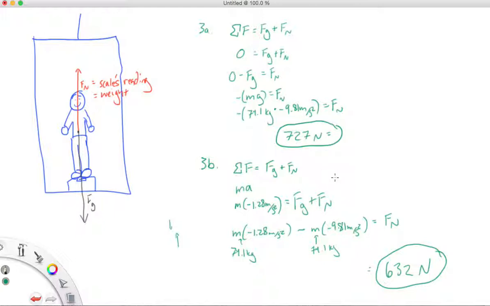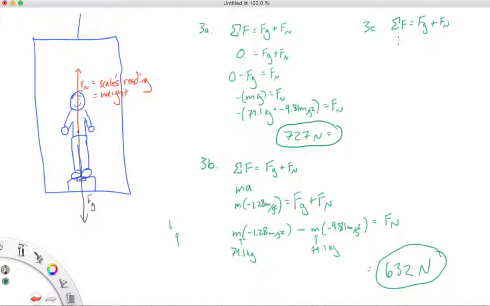Now, do the same kind of procedure, which is doing the sum of all the forces equals Fg plus Fn for 3c. I'll do that very quickly up over here, and then it should make sense from here on out. This takes time, takes practice, so be patient with yourself. So the sum of all forces will equal Fg plus Fn.